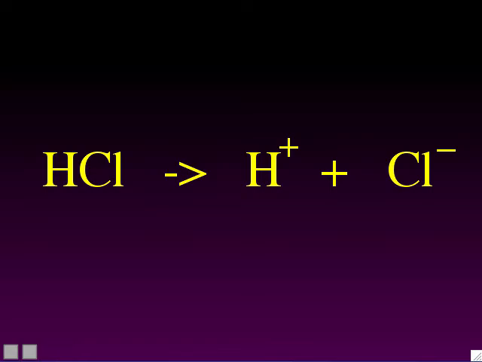So I want you to be able to recognize, if I show you a chemical reaction like this, that this is an acid. And here's how you can tell. If you see a chemical reaction and on the product side you see a hydrogen ion, then whatever made that hydrogen ion, on the other side of the arrow, must have been an acid, because that's what acids do, right?